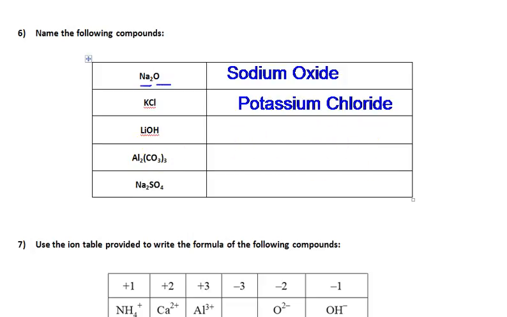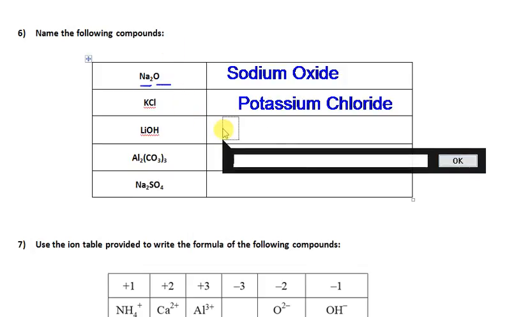For the next one, we've actually got lithium. Li is lithium, and OH is this ugly hydroxide ion, which you can see just down in the corner here as part of the next question there. So the name for this next one is lithium hydroxide.